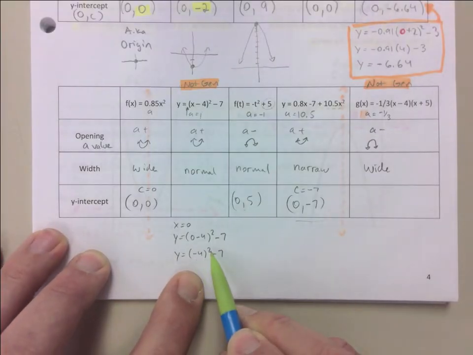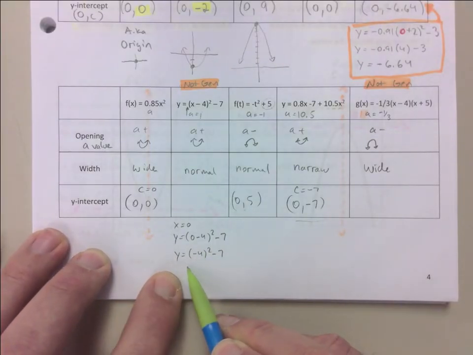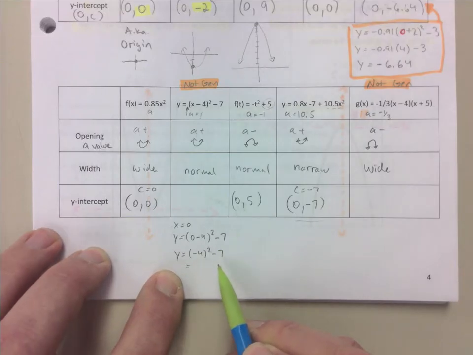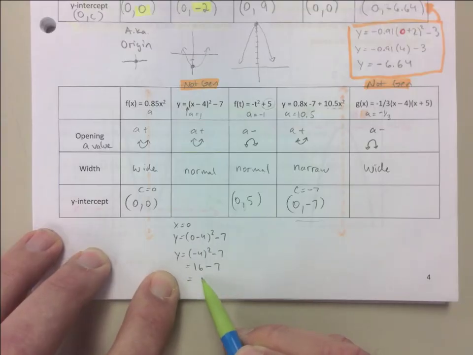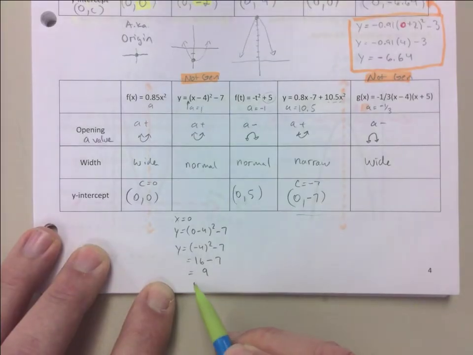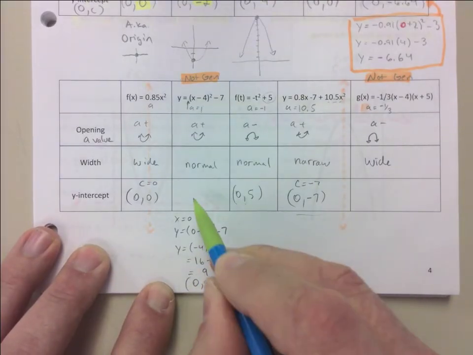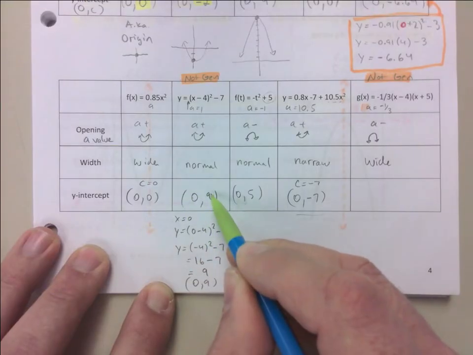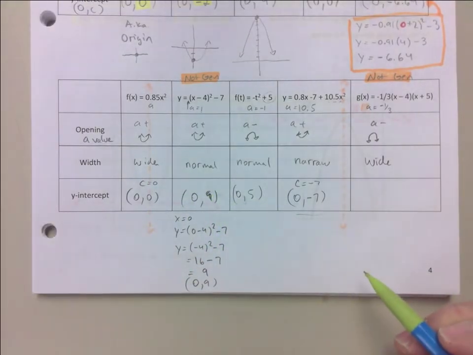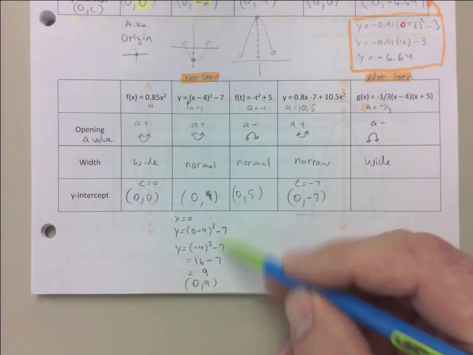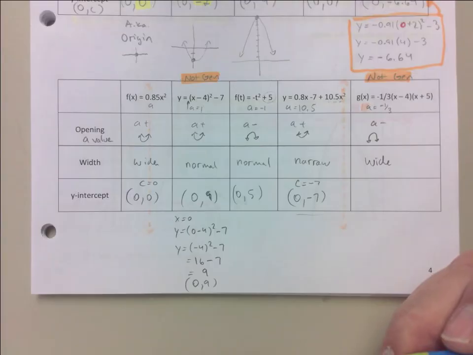What's -4 squared if it's in brackets? It's -4 times -4, that's positive 16 minus 7, right? So this would be 9. So it's 0, 9 is my y-intercept here. Soon I'll show you a quick way to do it with a graphing calculator, so you won't have to do this, but it's still available to you.